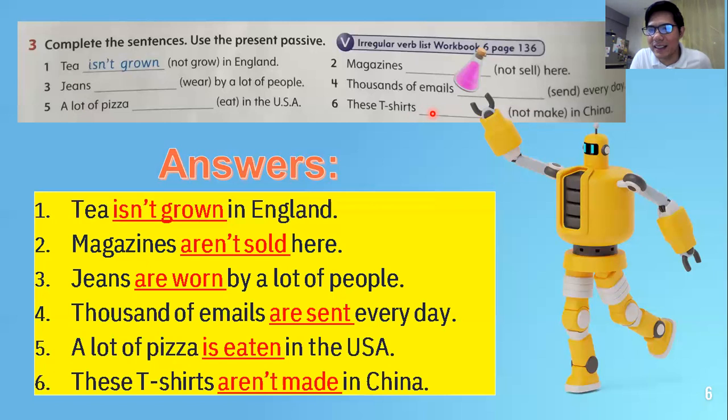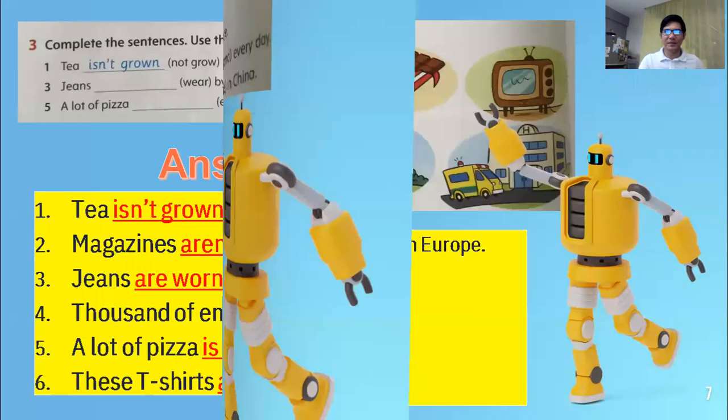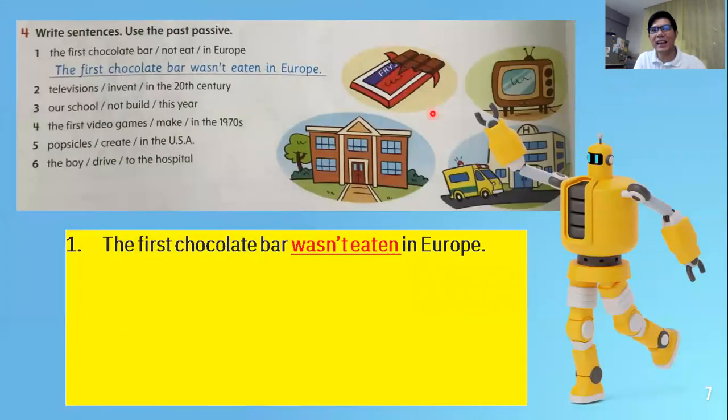Are you enjoying? Okay. What about the past passive? We have here 6 examples again. One is given and we use past passive.